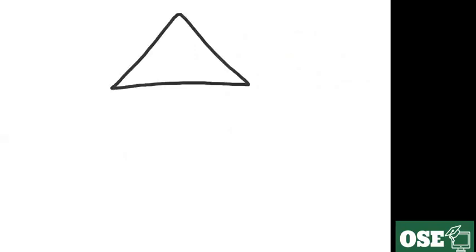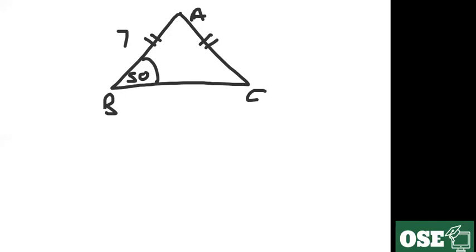Nigel, take the next one. Find the area of this triangle. The length of AC is 7.